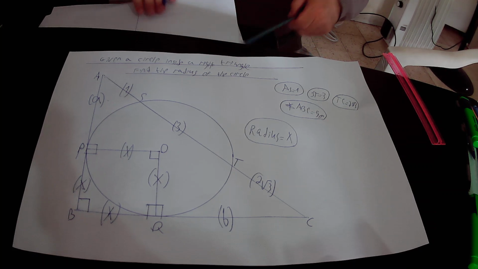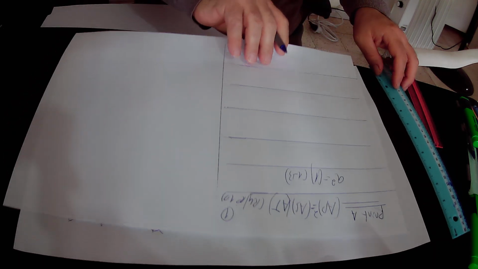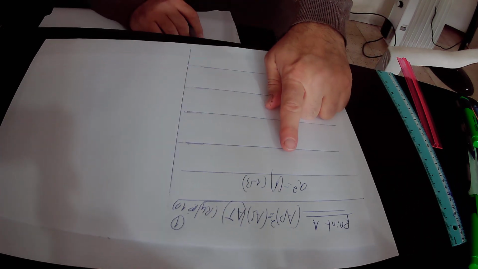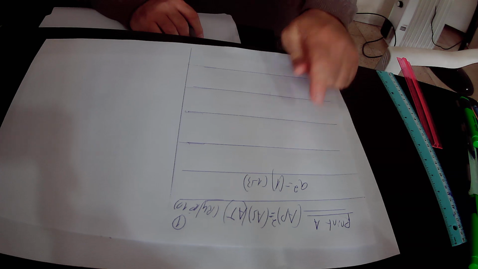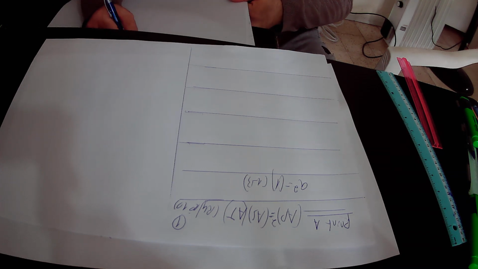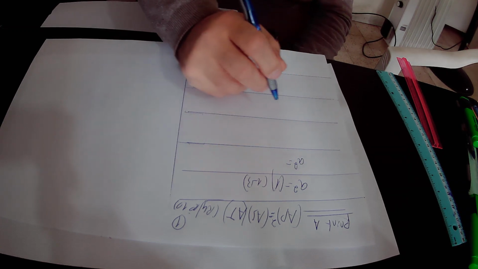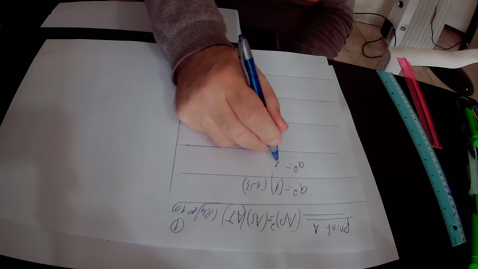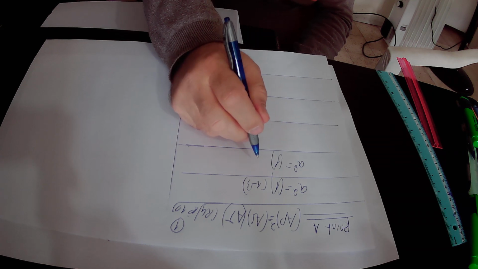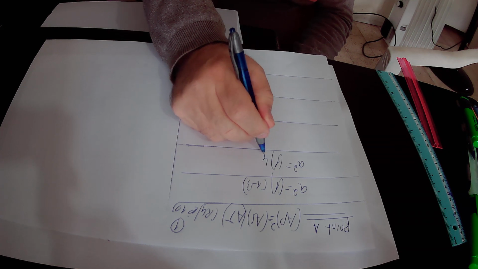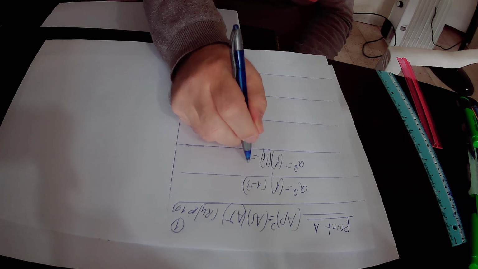In conclusion, A square equals 1 times (1 plus 3). So A square equals 1 times 4, that is 4.